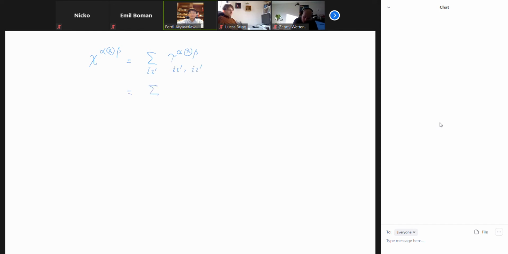So it's very easy to see that these are just T alpha I by definition, and that is T beta I prime I prime. So each of these is just the trace or the character. So the character can be easily calculated by just multiplying the characters of the individual representations. It is a very useful formula here, which can be then used to decompose the representations later.